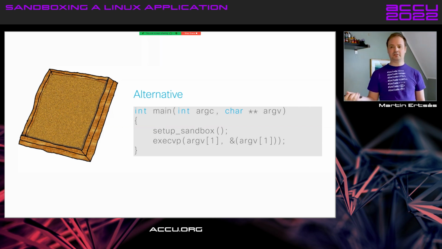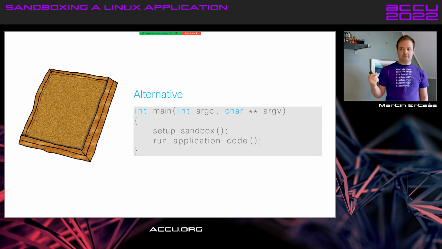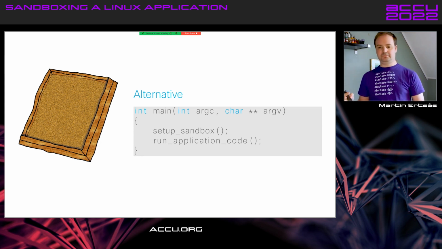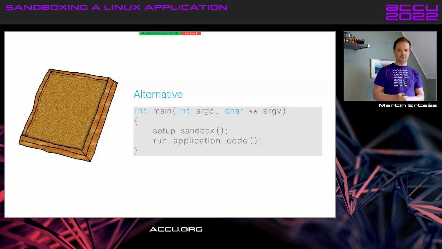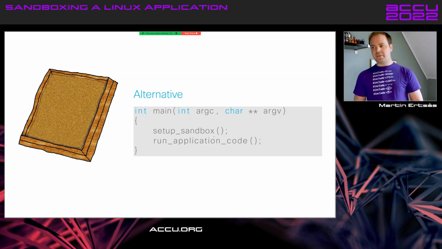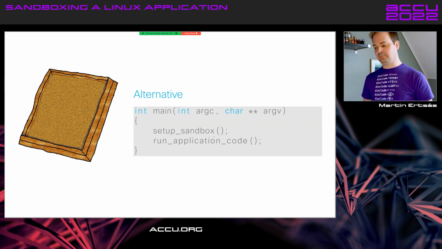But another tactic is to do this instead. Basically, you build the sandbox itself inside of the application. So you set up the sandbox, and then you just run some application code. There's no executing of another application. Of course, a major downside of this is that this will not work if you only have a binary file, a binary blob that you cannot change.